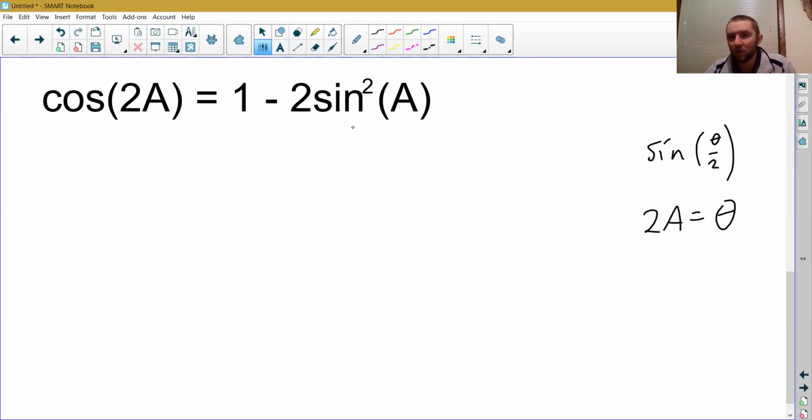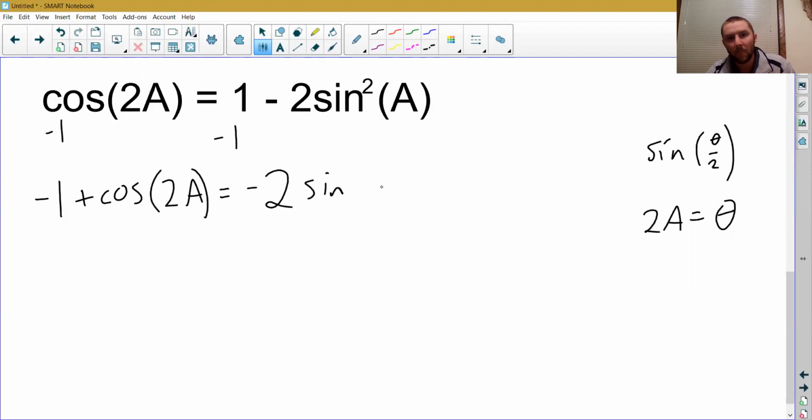My first step here is to solve for the sine, trying to get that by itself, okay? So the first thing I'm going to do is I'm actually going to minus 1 over here. So there's a -1, and then a positive cosine, so plus cosine of 2a. And then, of course, I also need to, well, here, I'm going to do this separately so that we can see what's happening here.